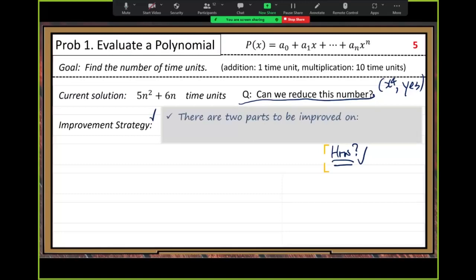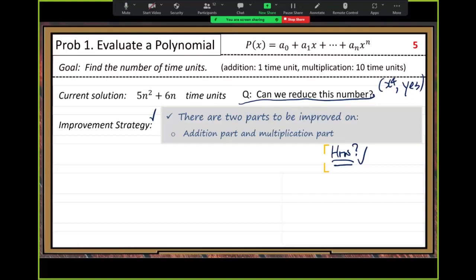There are two parts to be improved: the addition part and the multiplication part. When you do the improvement, do you want to target the addition part, or the multiplication part? There are two options you can take.